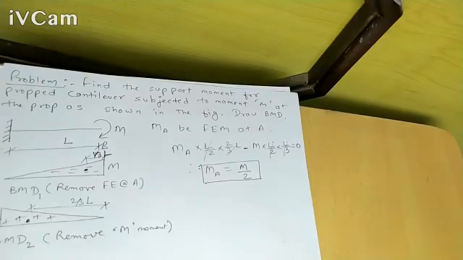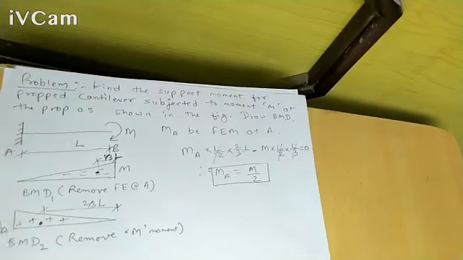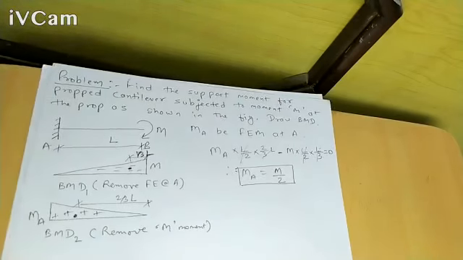So this is how you get the support moment for the propped cantilever when it is subjected to moment M. This is how the propped cantilever is to be analyzed.